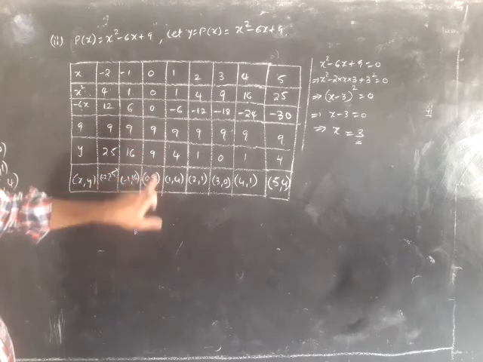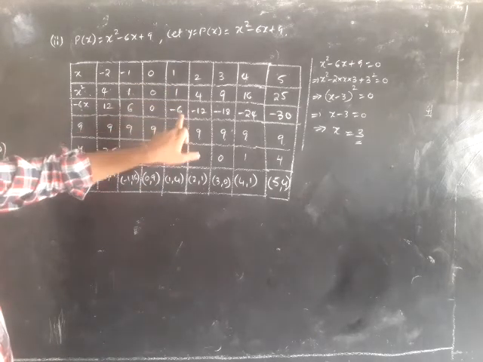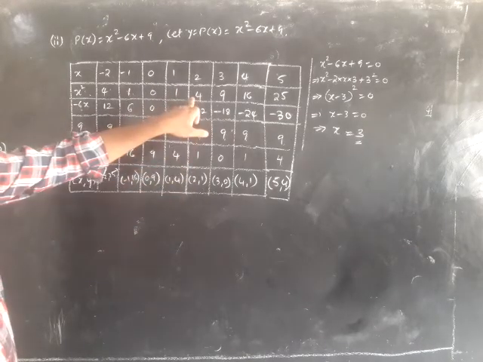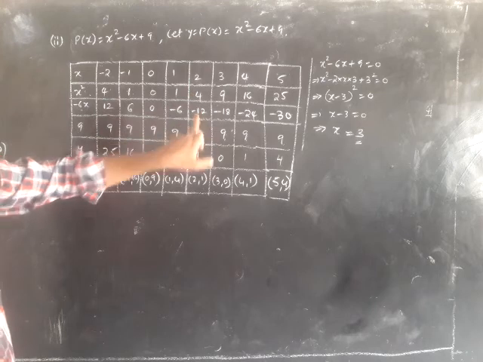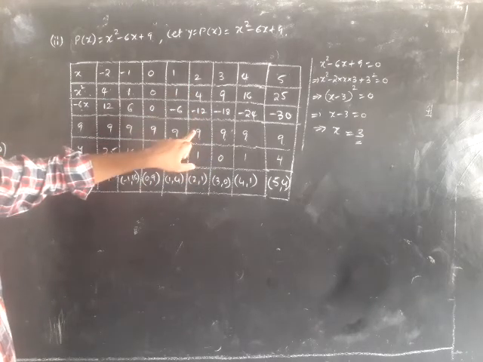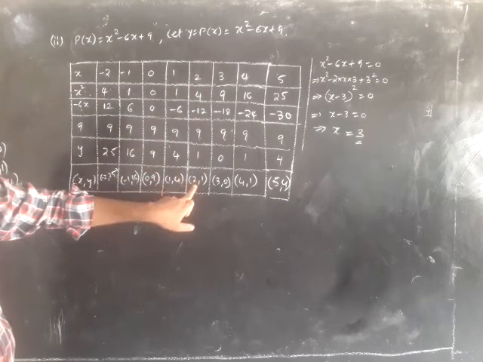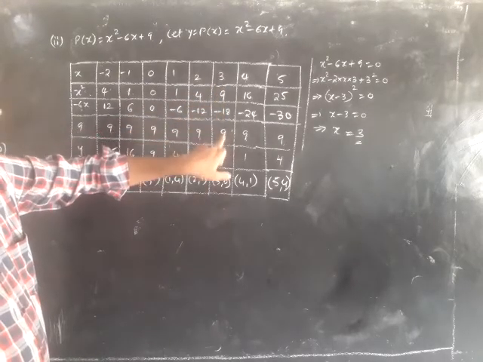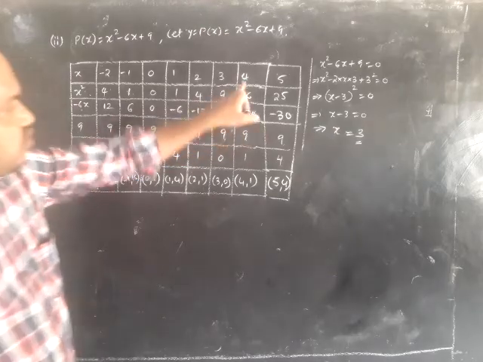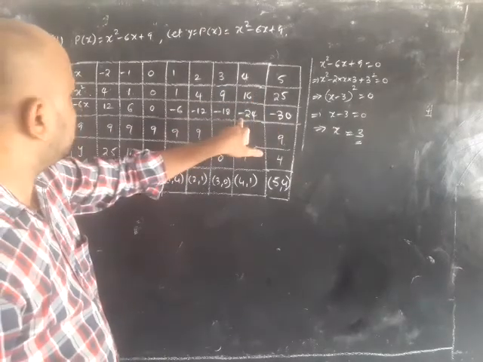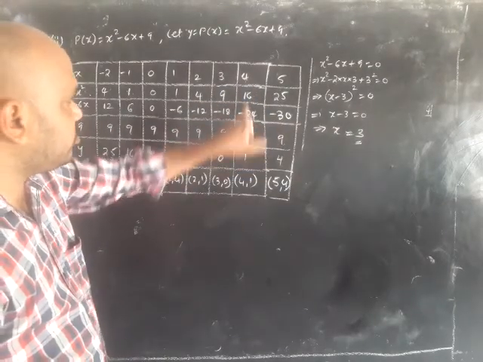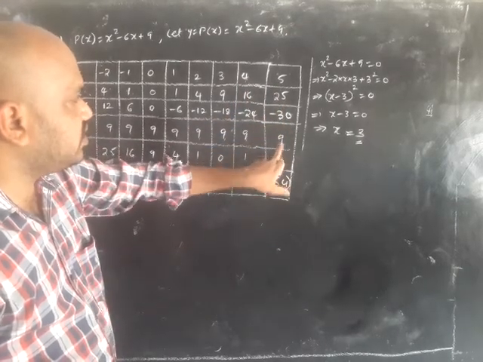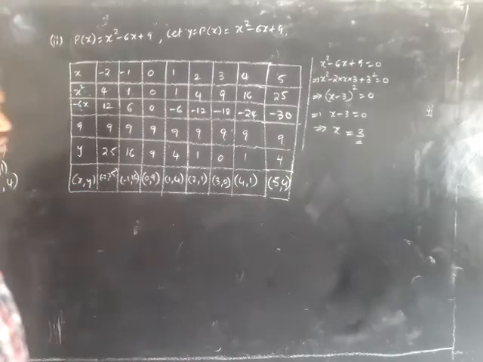So 0, 9 we get. 1 minus 6 plus 9 is 4. 2 square is 4 minus 12 plus 9 is 1. 2 comma 1. Next 3 square is 9, 9 plus 9, 18 minus 18 is 0. 4 square is 16, minus 24, so we get 1 here. 5 square 25 minus 30 plus 9 is 4. So we got 5 comma 4.